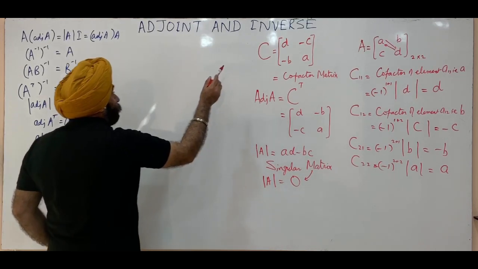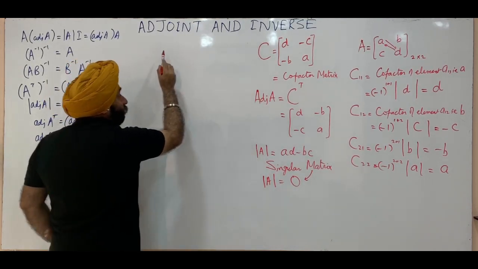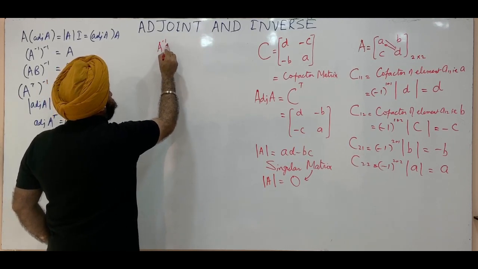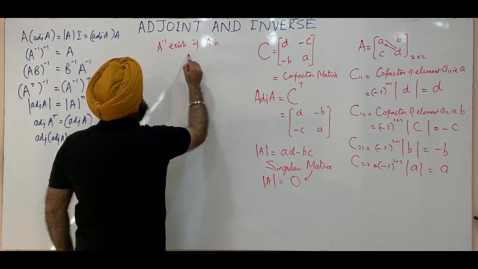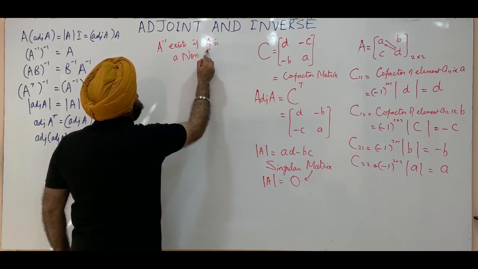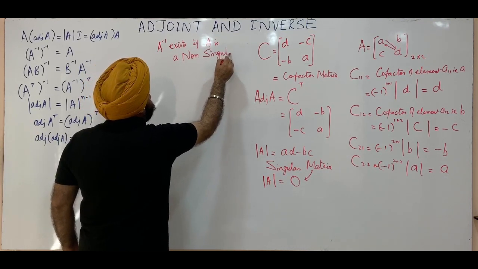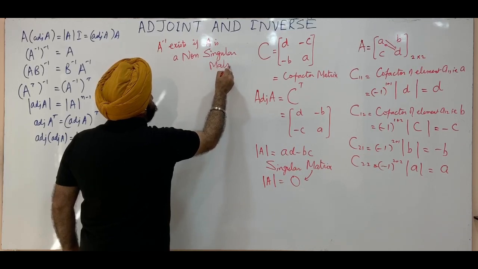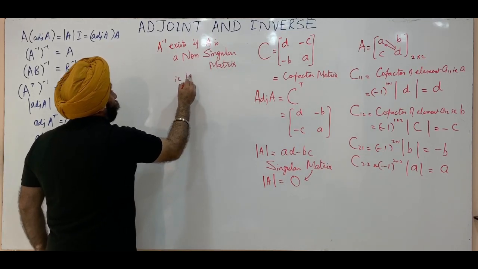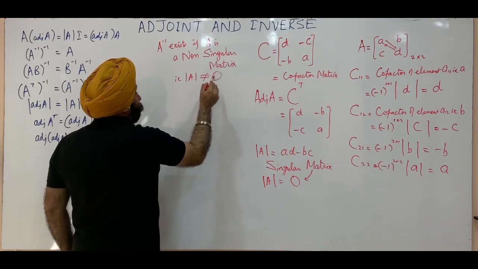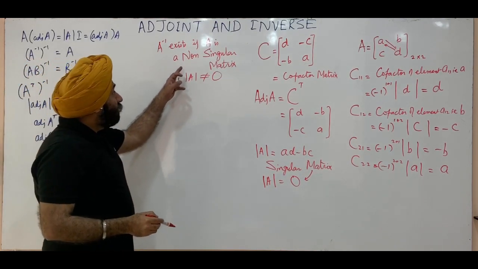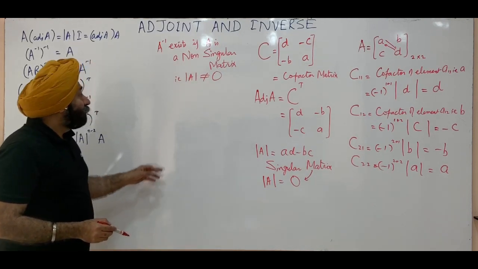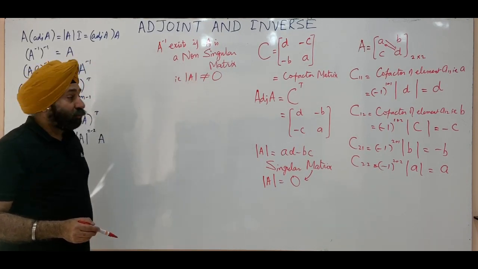A matrix is invertible, that is A inverse exists, if A is a non-singular matrix. That means the determinant of A should not be equal to 0.